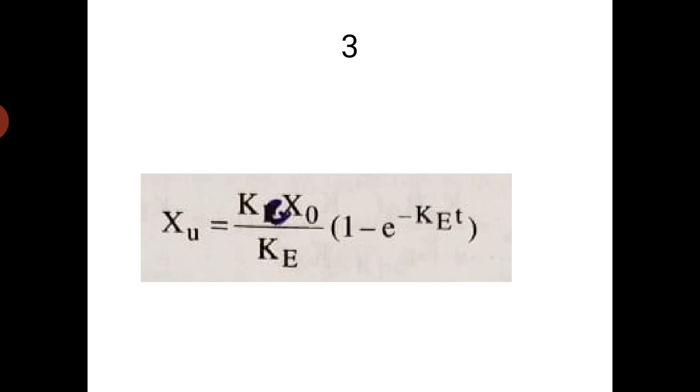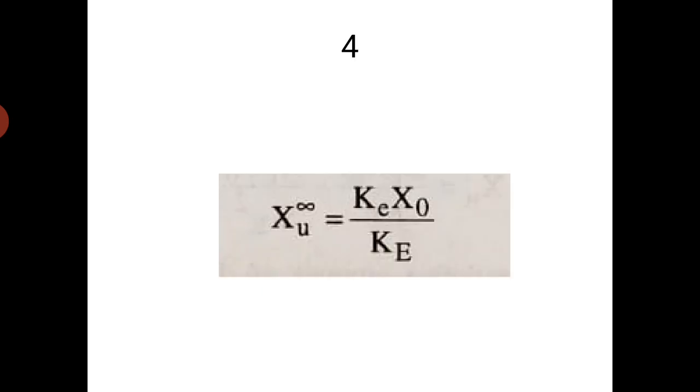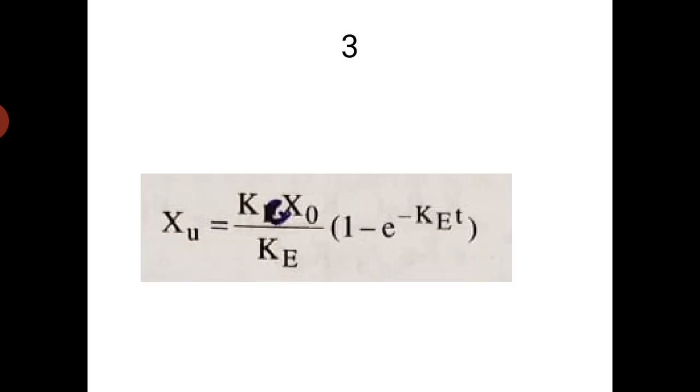Now Xu represents what? Amount of drug excreted through urine at a time t. Now you have to calculate Xu infinity, that is the amount of drug excreted through urine until infinite time. So Xu infinity is equal to ke X0 divided by ke into 1 minus e raised to minus ke infinity. Instead of t, it will be infinity.